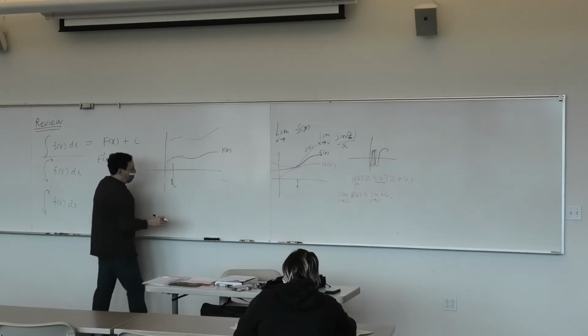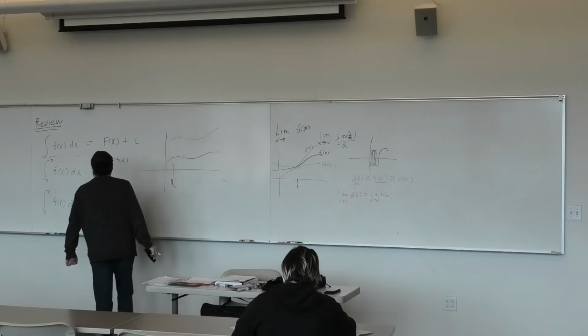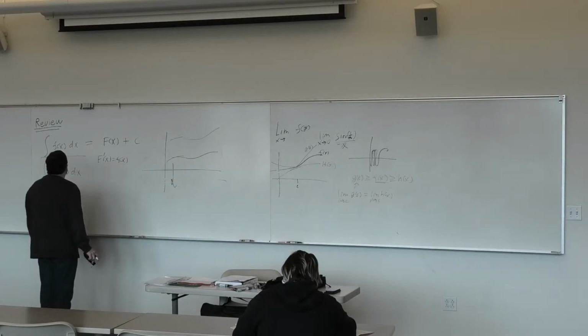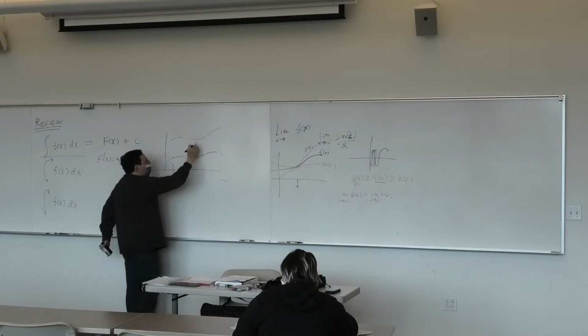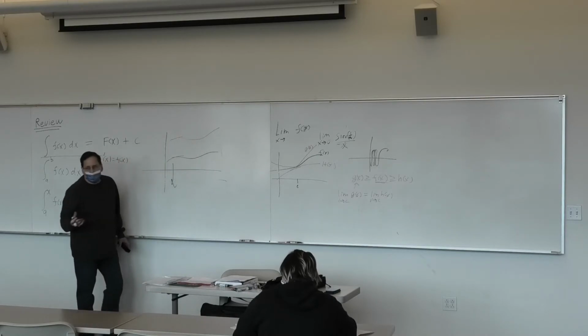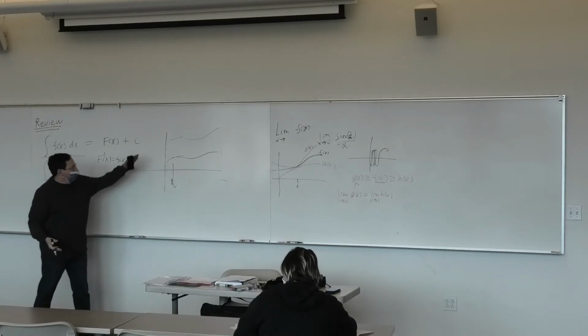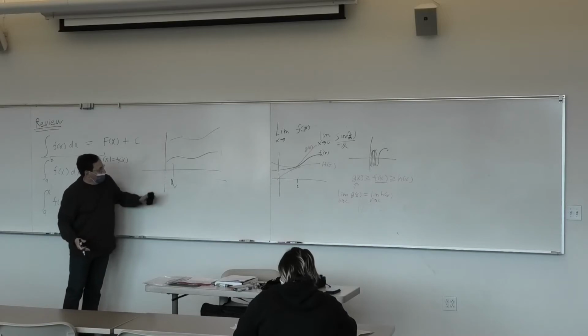I'm sorry, I've got it backwards. I'm getting my own notation messed up here. I have some function and I look at the derivative, and I move the function up and down, the derivative doesn't change. That's because the derivative of a constant, which is what I'm adding here, is 0.